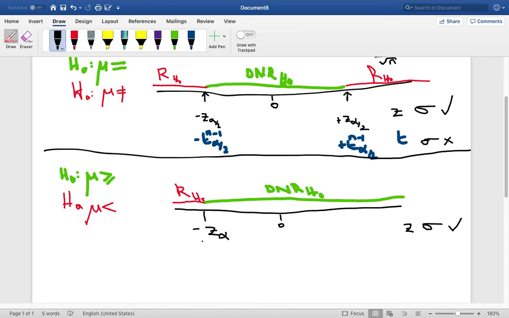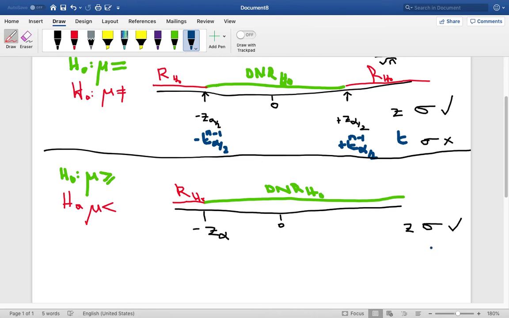So the probability that you make a type 1 error is all going to be on this side. We can't make a type 1 error on this side. We can only make it on the left-hand side. So if we're prepared to take a 5% risk, say, of making a type 1 error, all 5%, or alpha percent, would be on that side.